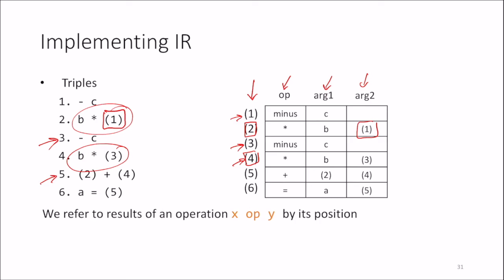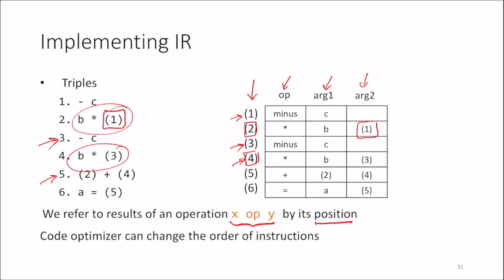And so this leads to a little bit of a tree structure. In fact, in GCC, what they have in contrast with LLVM is a more tree structured intermediate representation. And this result is identified by the position instead of storing it into a new variable. And the advantage of this is that the code optimizer can easily change the order of the instructions, and everything else would stay the same, right?